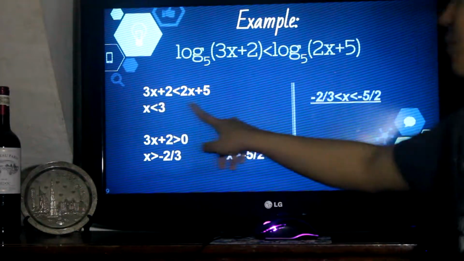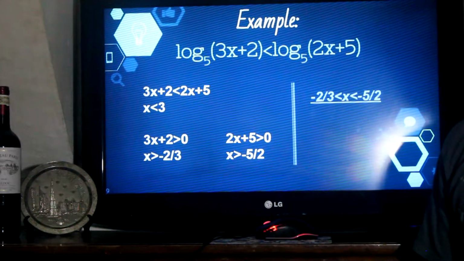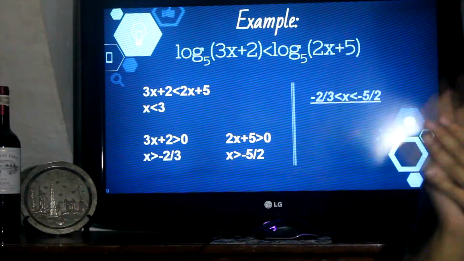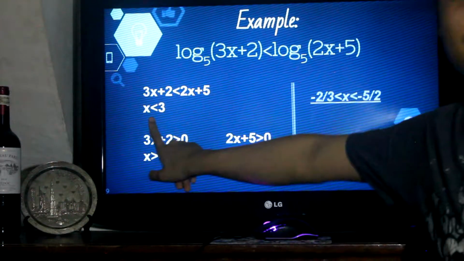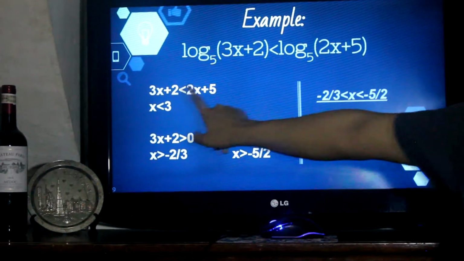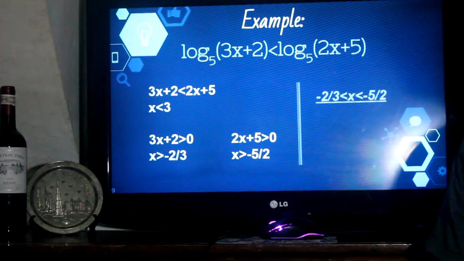O, ito yan. Then, second step, tatranspose natin itong si 3. Second step is, combine the like terms. So, i-combine natin siya is 3x minus 2x is x, and negative 2 plus 5 is 3. Yun.